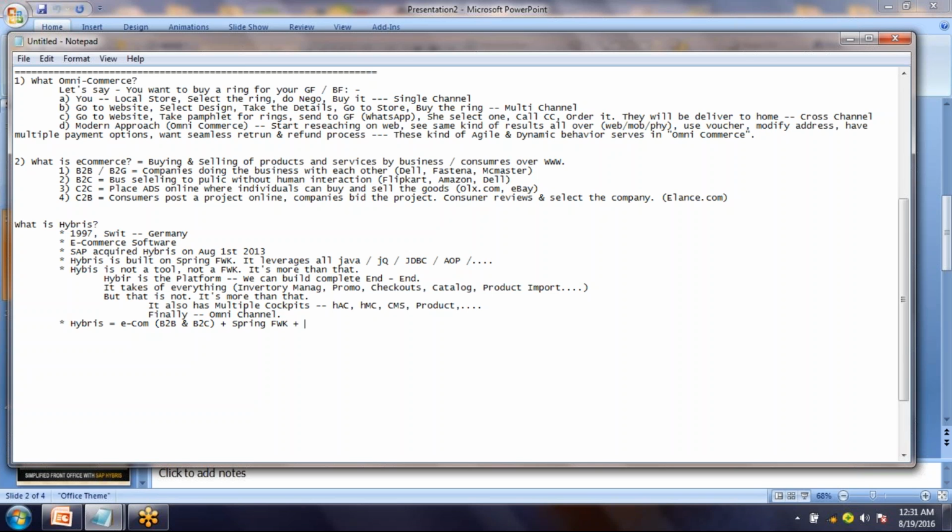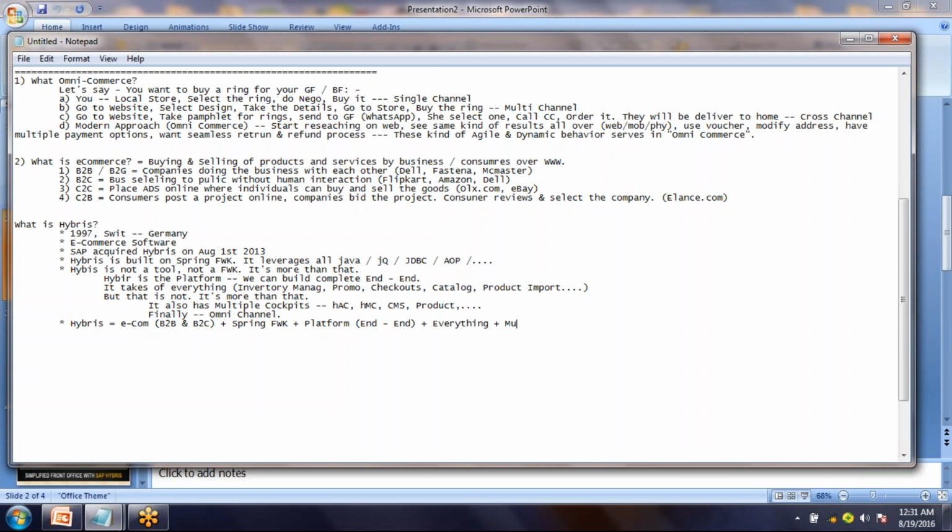It is a platform that can do end-to-end solutions. It supports Java, jQuery and so on, and it takes care of everything, as we talked about already.